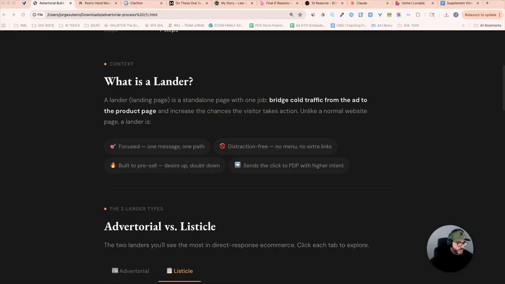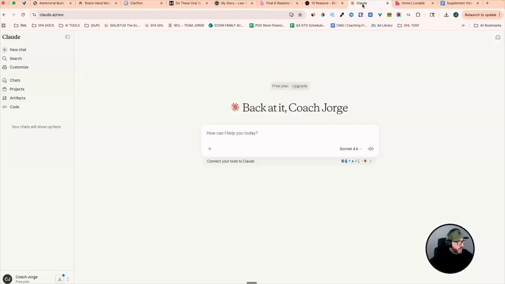Now, the tools that we're going to be using to build our prelanders are two AI tools. The very first one is going to be Claude. Claude is perfect because it allows you to do better writing, and as freelancers we need to be good at writing, so we want to really consider Claude. For those that have ChatGPT, you can do it also with ChatGPT.